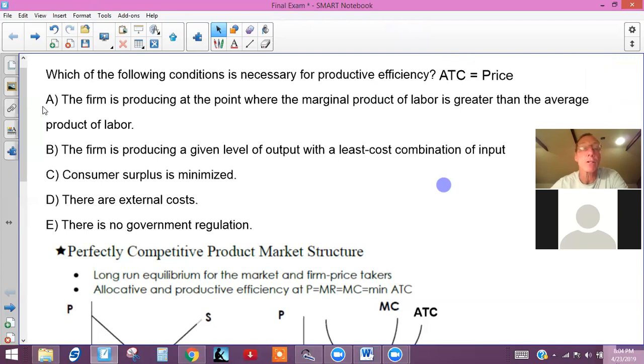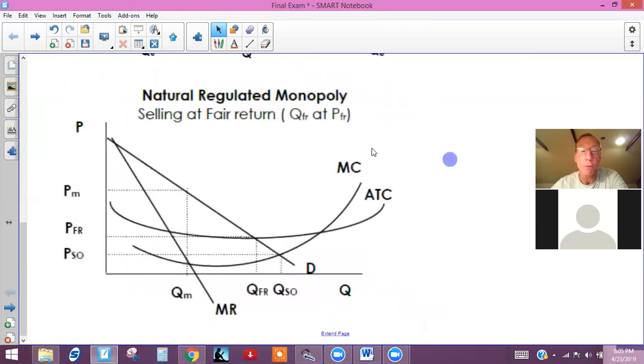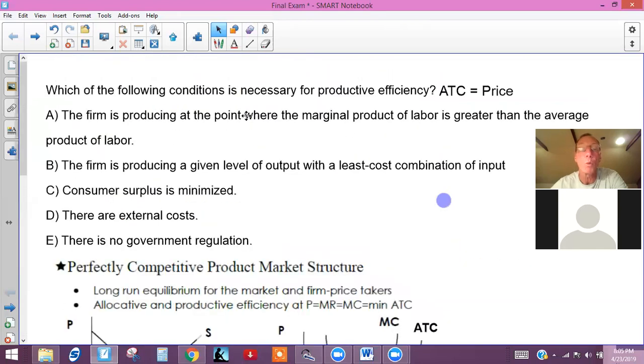So answer A. The firm is producing at the point where the marginal product of labor is greater than the average product of labor. Well, you should know that all competitive or perfectly competitive firms are going to produce where the marginal revenue product of labor is equal to the wage rate.